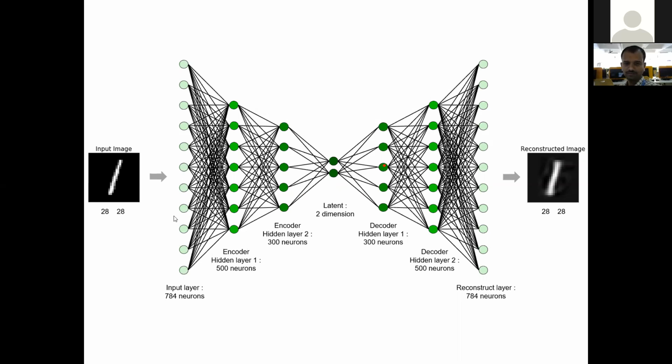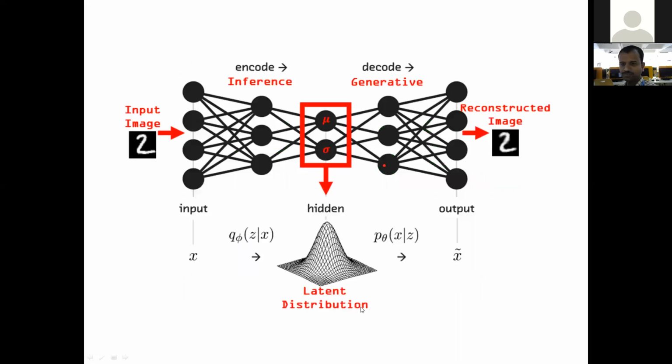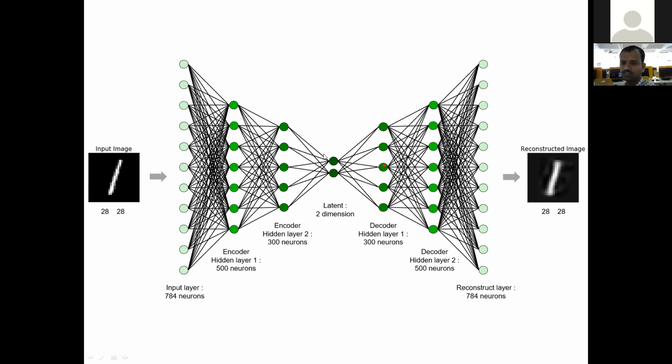As I told you earlier, the first hidden layer will have the maximum number of neurons. You will have 784. Next, after pre-processing, you will get 500 neurons at the encoder. The next hidden layer has 300 neurons. Then it passes through the latent distribution.